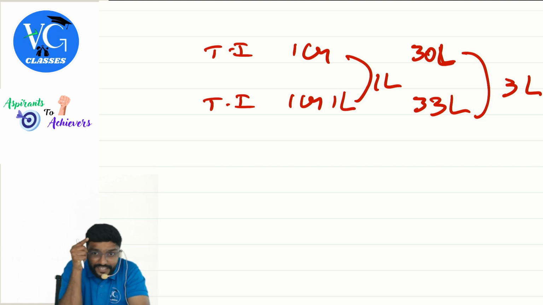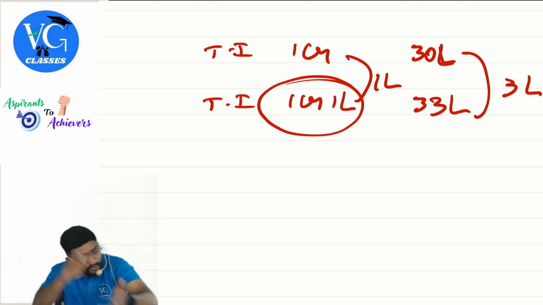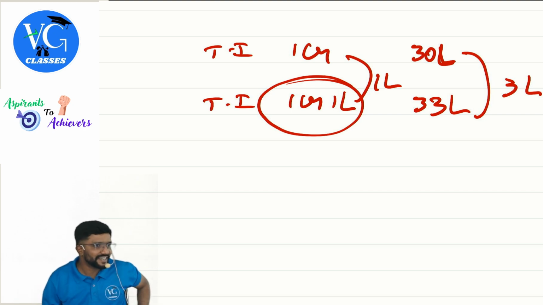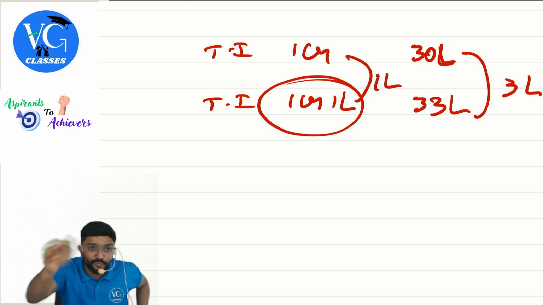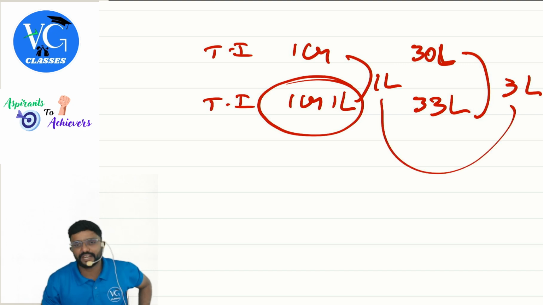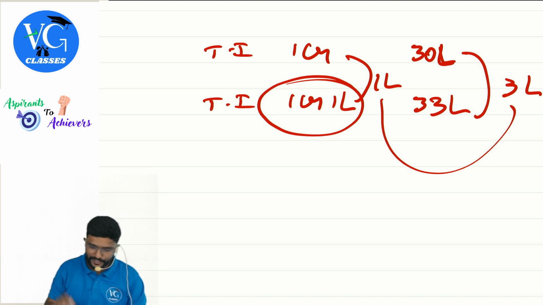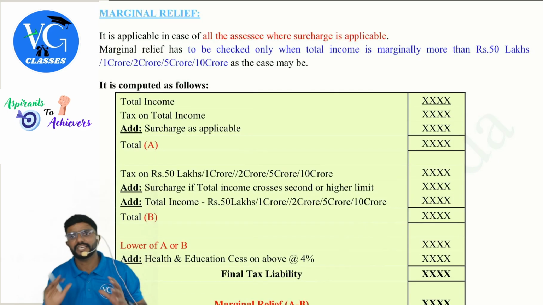They will calculate the surcharge on the entire tax, whatever you would have calculated on 1 crore. So the increase in tax is more than the increase in income. They thought, okay, fine. Whatever is the difference, we will try to give it as a relief. That is the concept behind the relief.